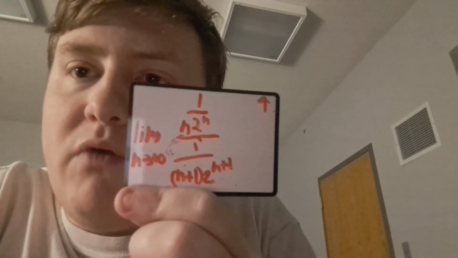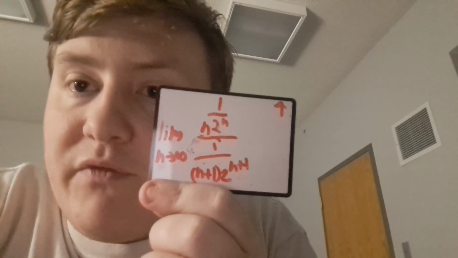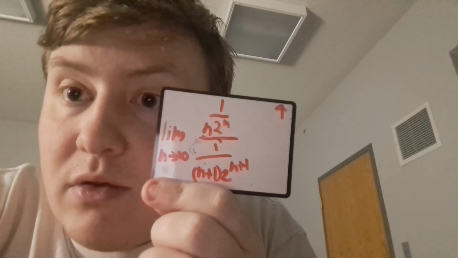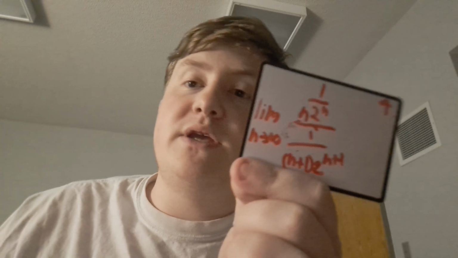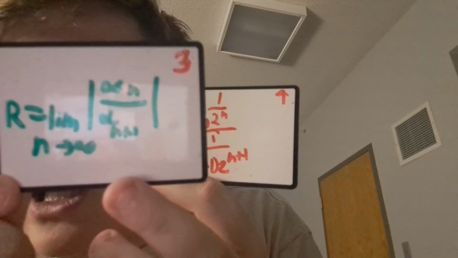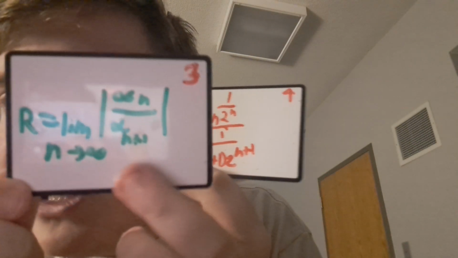So 1 over n times 2 to the n, over 1 over n plus 1 times 2 raised to the n plus 1. Because if you notice, that bottom term right there is alpha lower n plus 1. It's similar to when we did induction proofs and stuff like that, where you would take your value and apply n plus 1, so all of your instances of n would be replaced with instances of n plus 1.